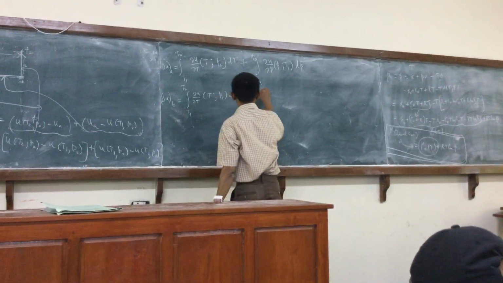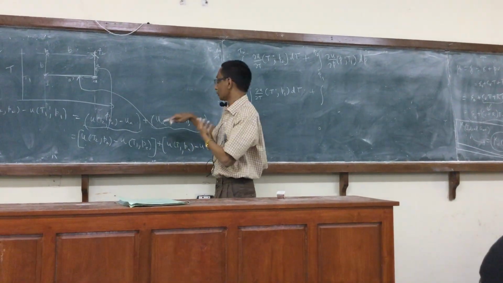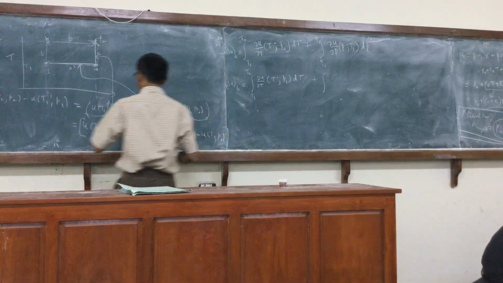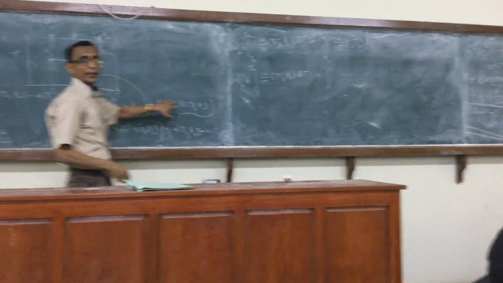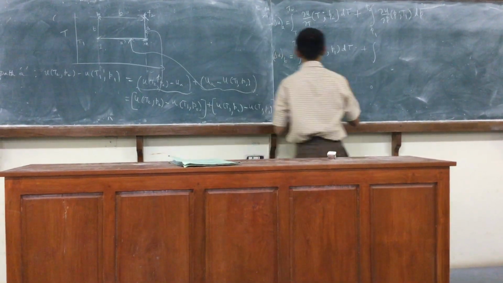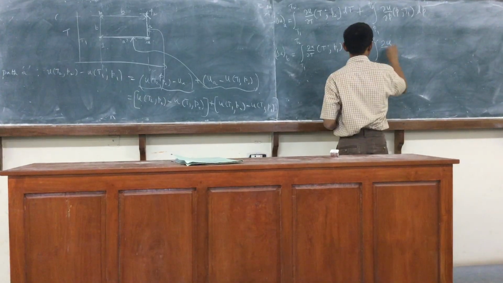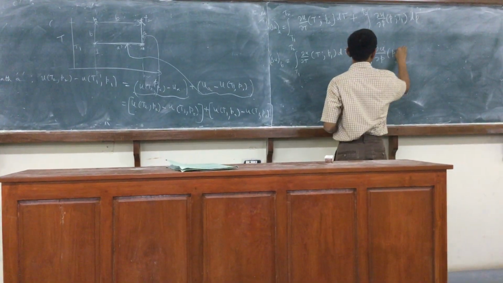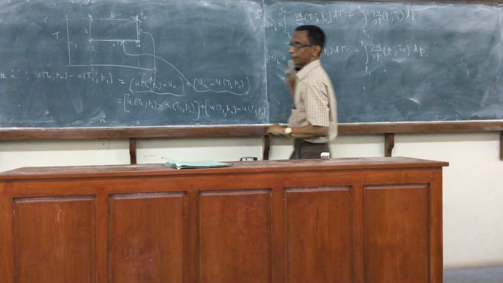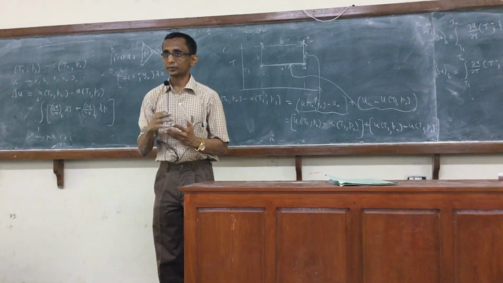If you are not convinced, you just write it explicitly like this and calculate. Instead of UA you will have UB. So to get this, I am going to replace UA by UB and then calculate the two terms separately, right? So clearly, on the face of it, the two integrals look different.